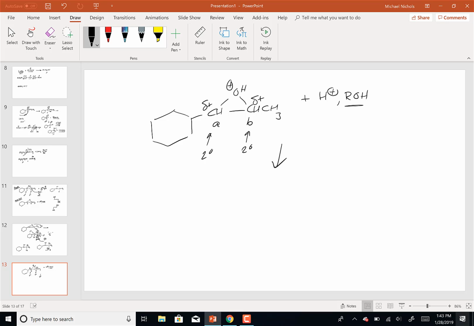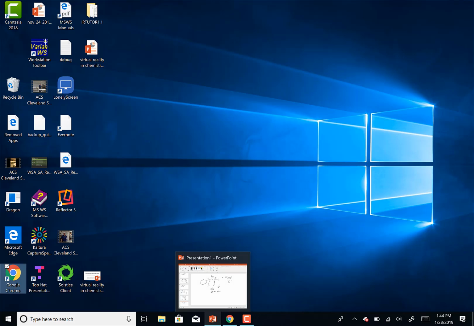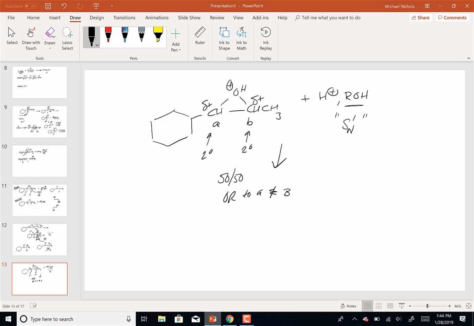So if this reaction is driven by an SN1-like mechanism where the ROH is going to add to the carbon with the greatest delta positive charge, and if both carbons have the same delta positive charge because they are both secondary, I'm going to get a 50-50 mixture of adding the OR group to A and B. Sterics only play a role in strong nucleophile opening the epoxides.